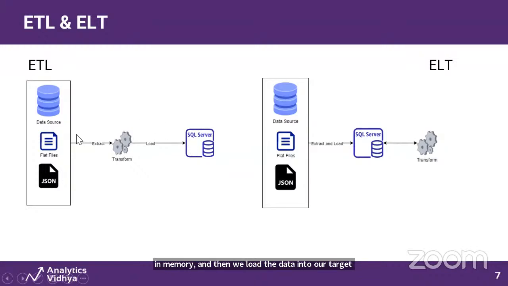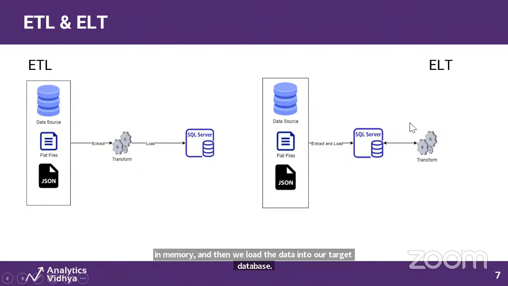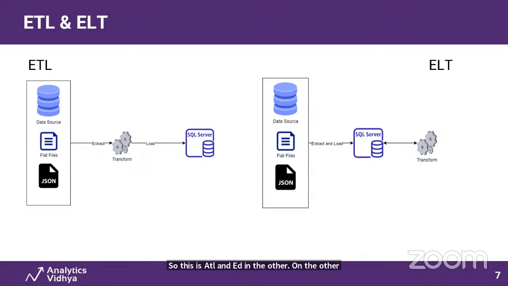So this is ETL. And ELT, on the other hand, is something like, before we do any transformations in memory, we just load the data from the source to the target database, and in the database we do the data transformations and store it in another database.